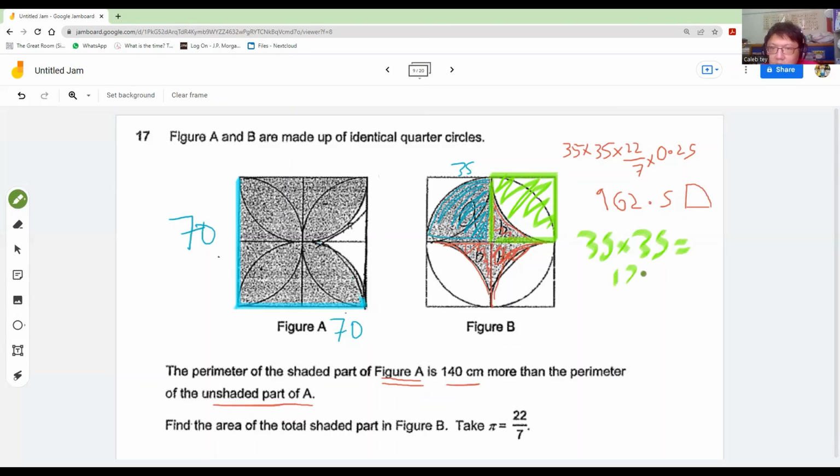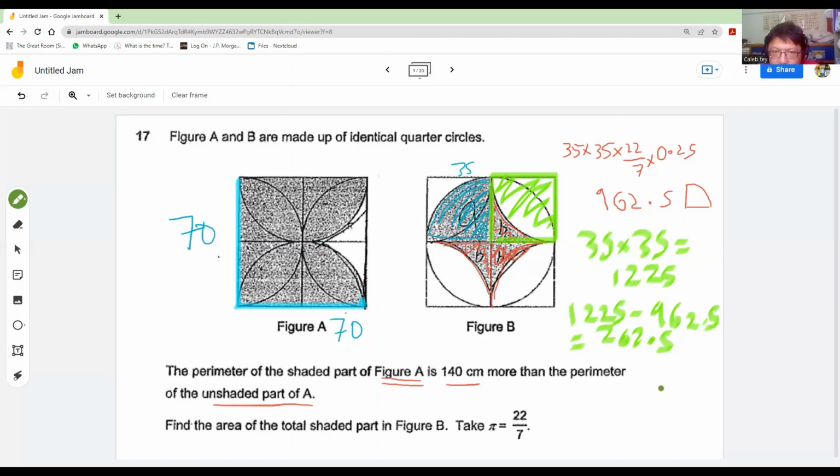So 1225. Need to minus the quarter circle to get the boomerang, right? That will give me 262.5.